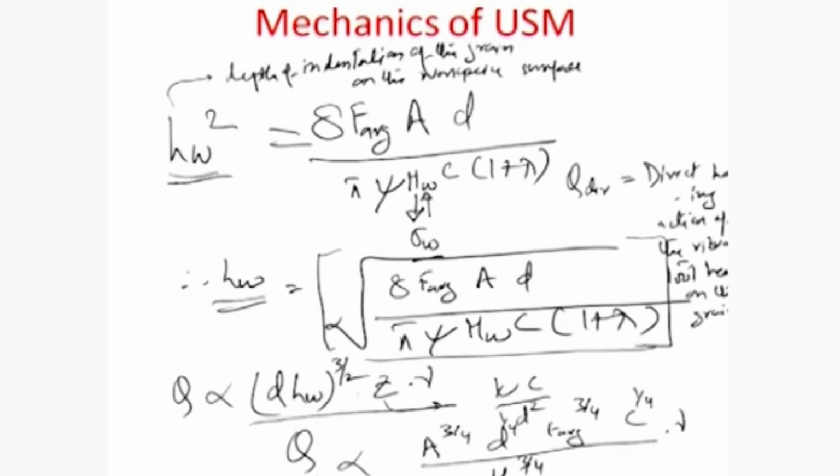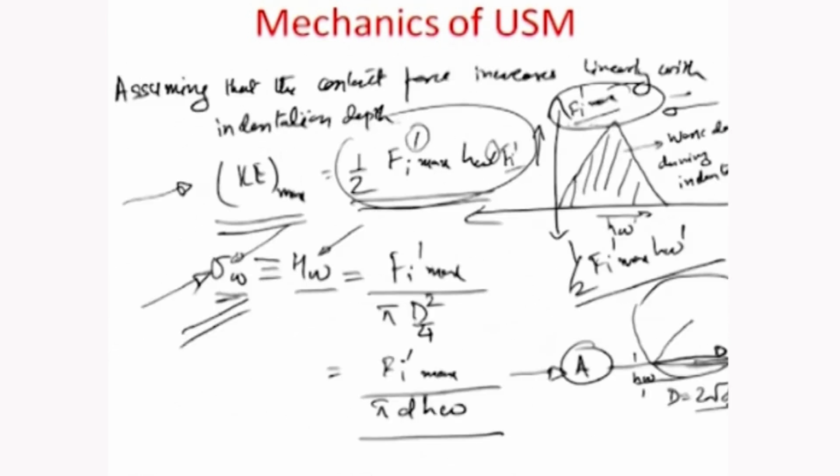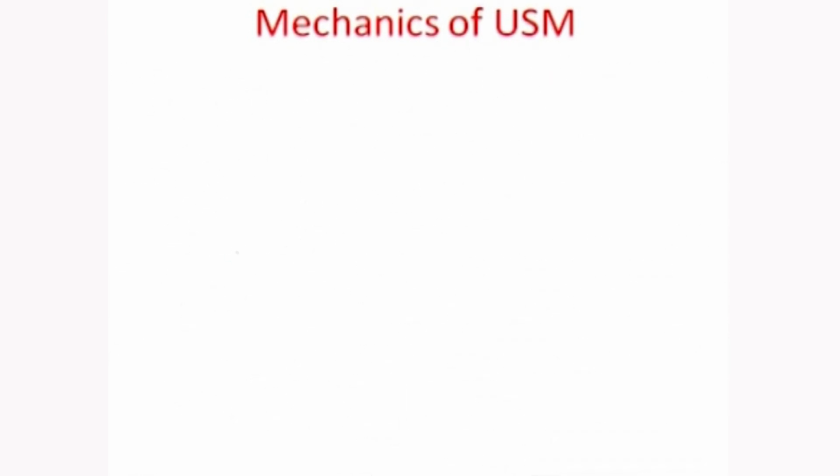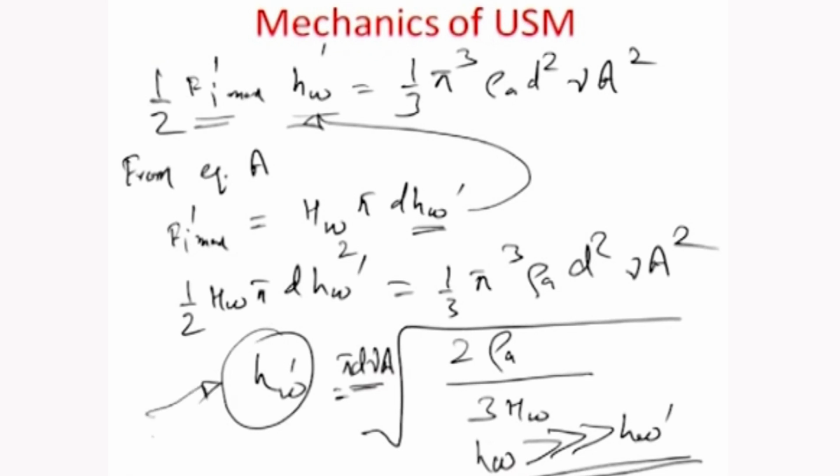Okay. So, it really included a lot of terms, and magnitude wise this HW dash coming from the direct hammering action is always very high in comparison to the HW dash that you obtain by the free flowing action of the grain. Okay. So, therefore, really the maximum material removal rate we can conclude here.